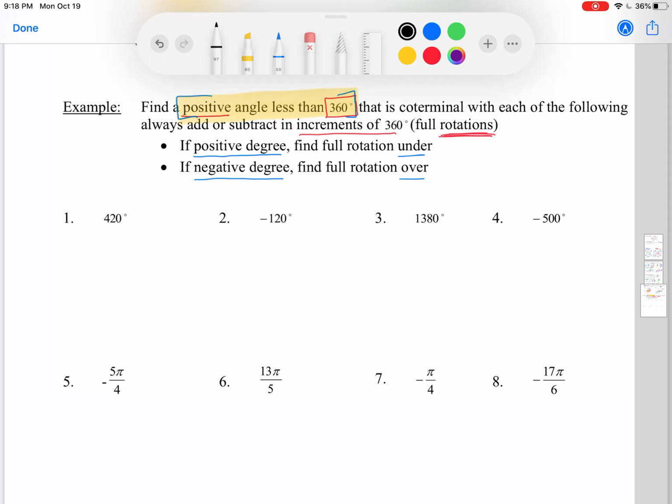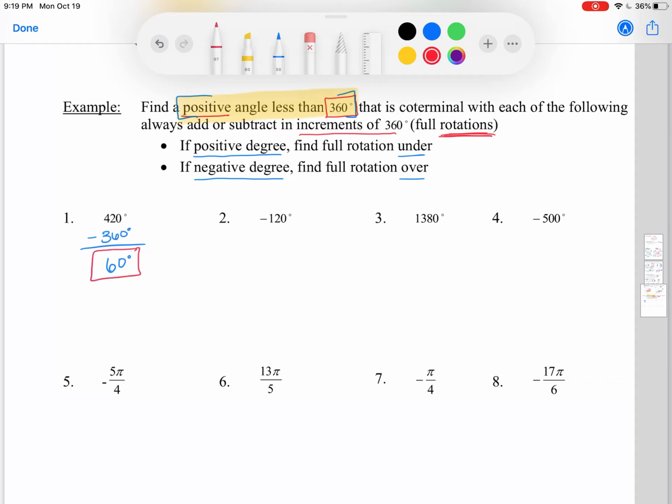So if I look at example 1, I have 420 degrees. First of all, 420 degrees is above 360, so in order to get in between 0 and 360, I have to subtract. So I'm going to subtract 360 degrees. You can use your calculator. I don't need to see the handwritten work.